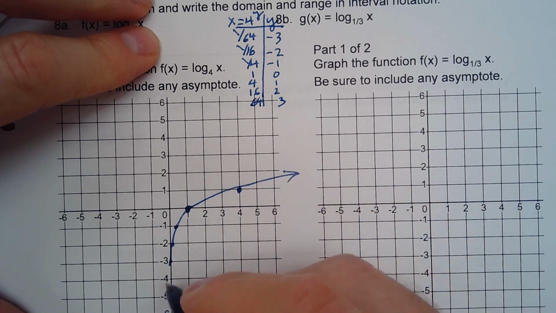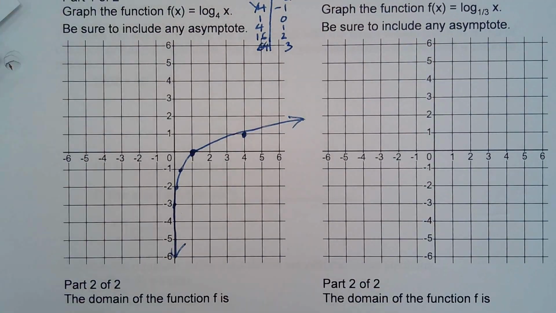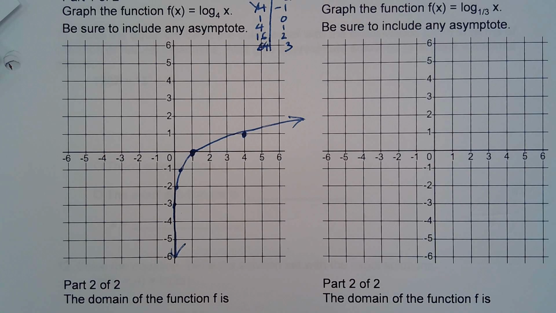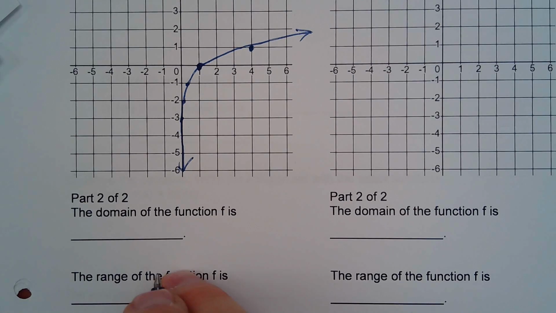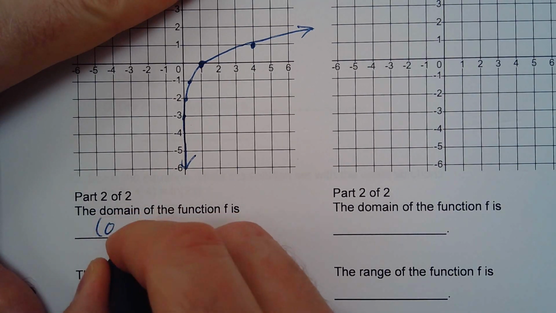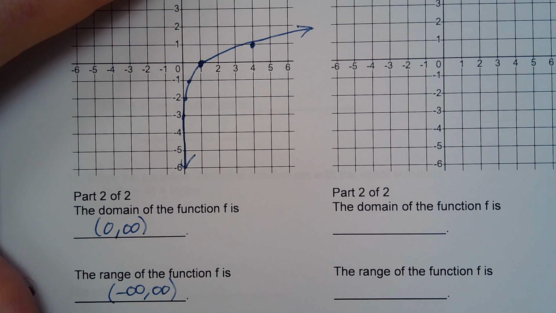So I'm going to draw my graph as best I can. So my graph's going to look like that. Now the domain here is going to be 0 to infinity. My range here is going to be all real numbers because we don't have any shifting going on here.